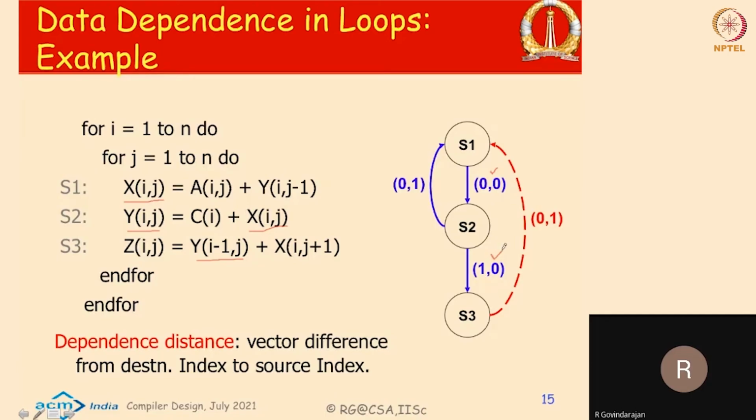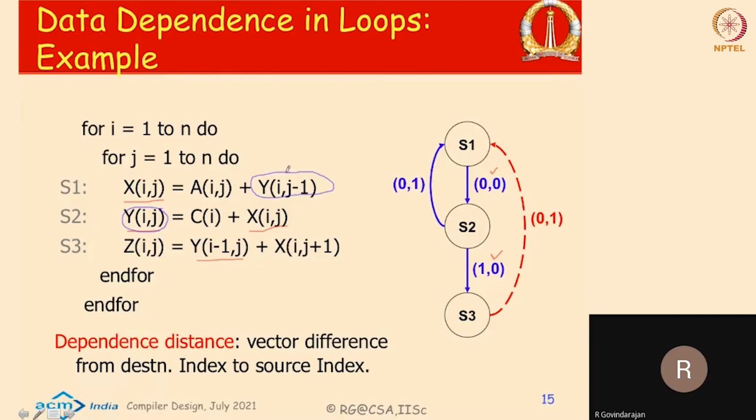And now you can also see that there is a dependence from S2 to S1, which let me mark in a different color. Let's take blue and mark it like this, and the one over here.